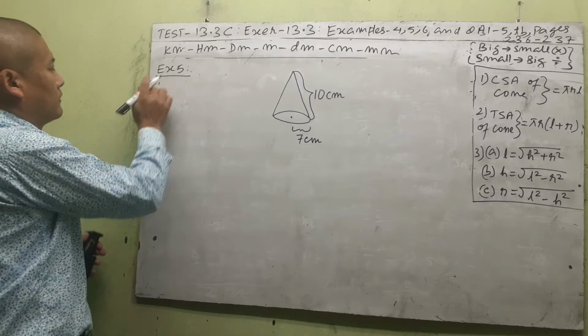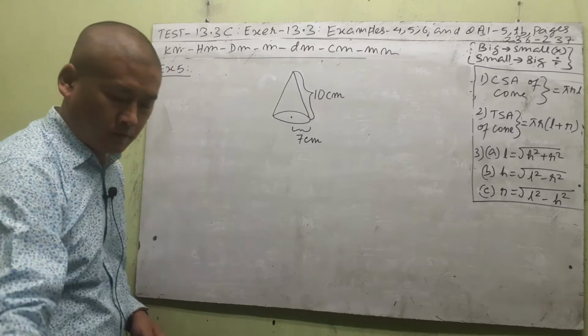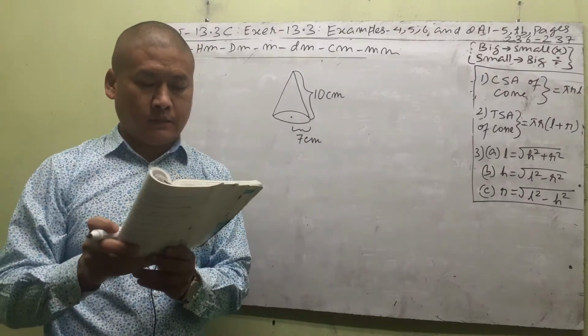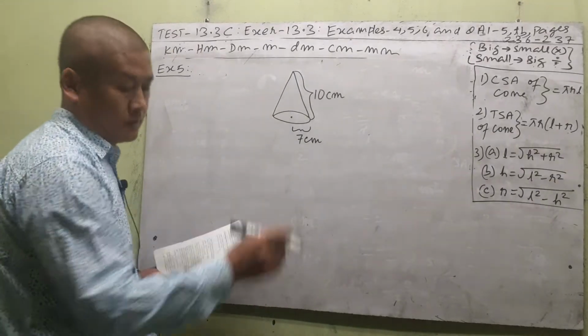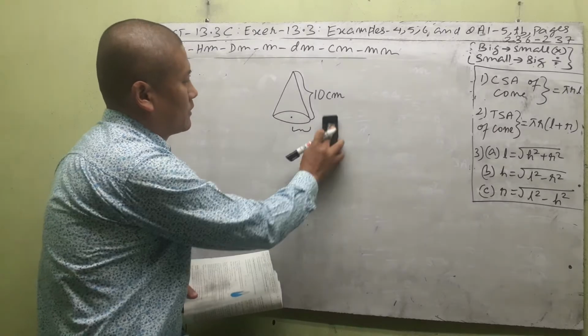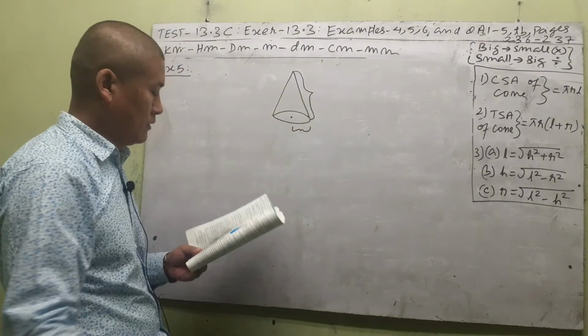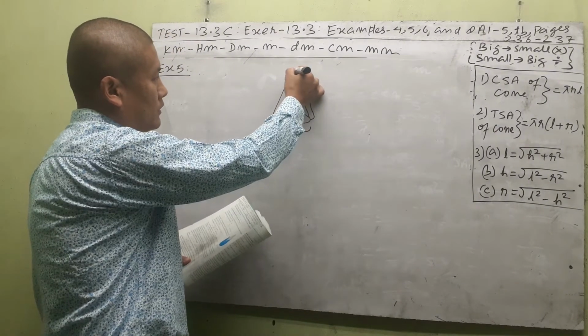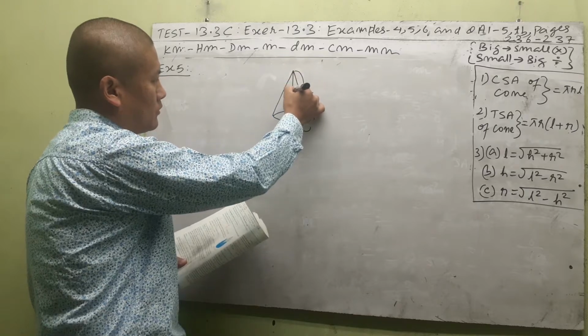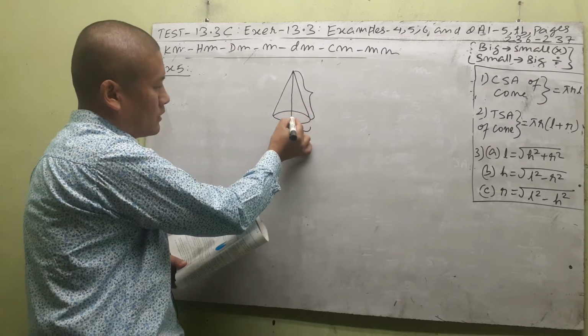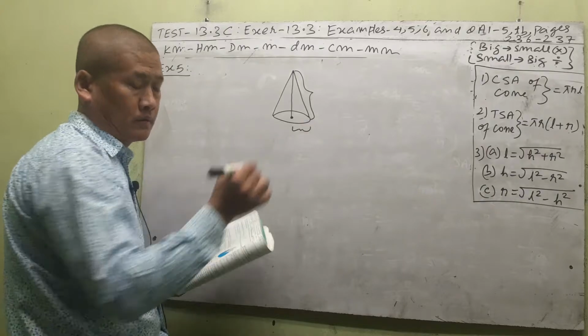Example 5. Let me read the question for us. The height of a cone is 16 centimeters. So in this case, let's just take the same cone. You can draw that. Height means the line joining the sharp point, the vertex of the cone, to the center of the circular base.